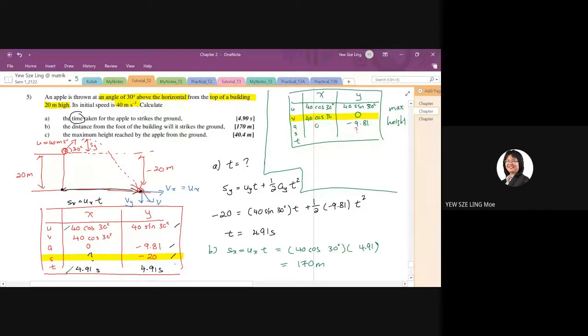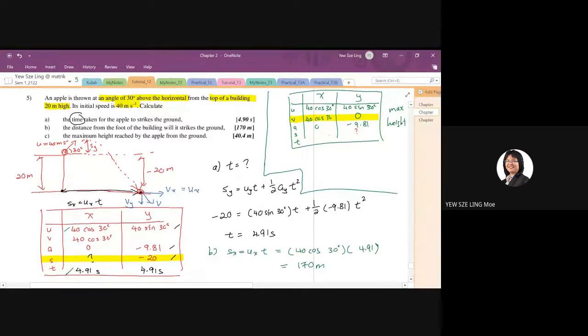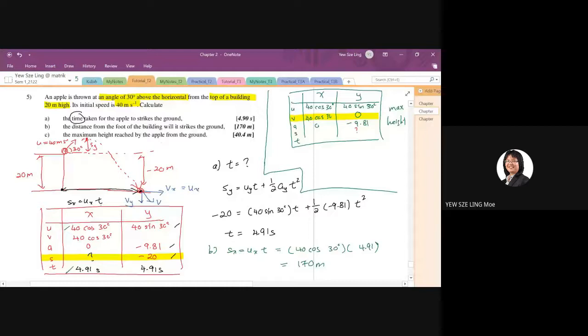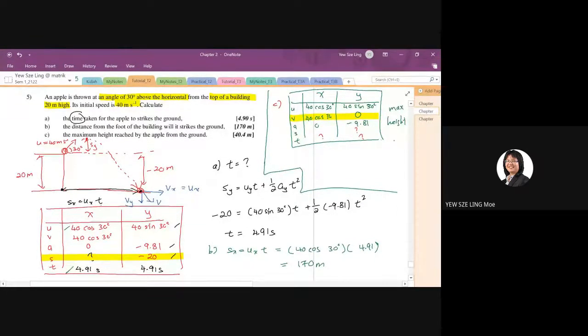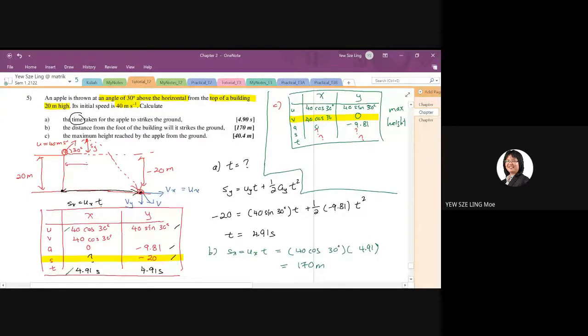Cannot. 4.91 is the time taken to reach the ground. Now our object is located at the maximum height. It hasn't reached the ground yet. Therefore, you cannot use 4.91 for question C. So we don't have the time. We also don't have Sx, because we don't have the distance from the building until the maximum height. This one is an unknown.